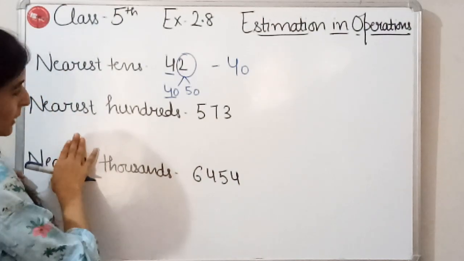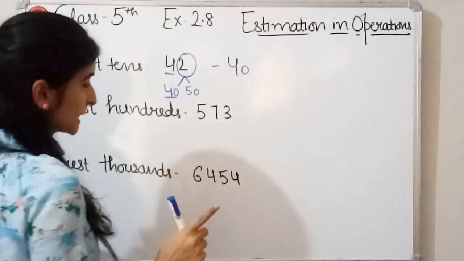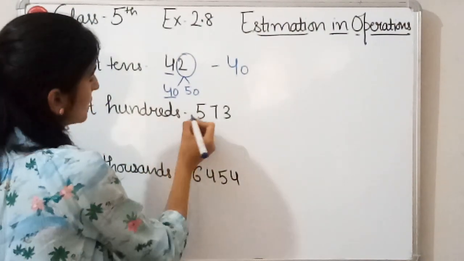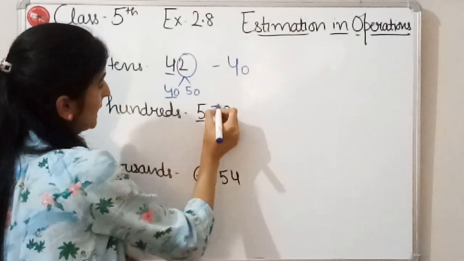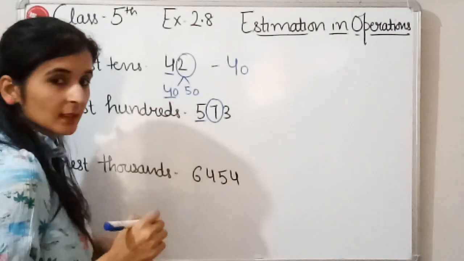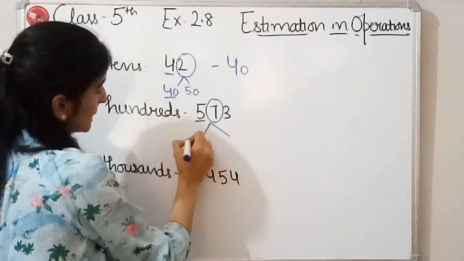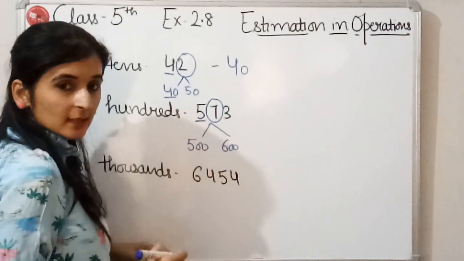Now if we talk about nearest hundreds, so first of all we will check which digit is there on hundreds place. So on hundreds place there is 5. Now we will highlight the digit which is on its right. Now we should know where it lies. It lies in between 500 and 600.